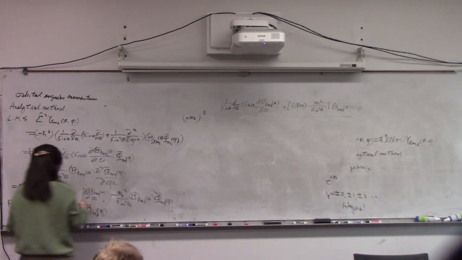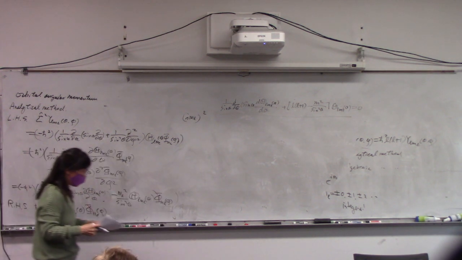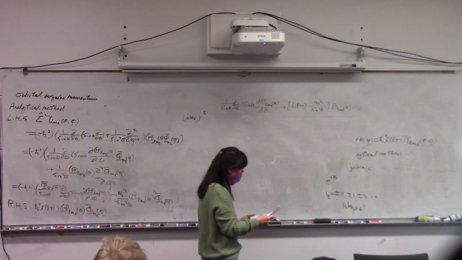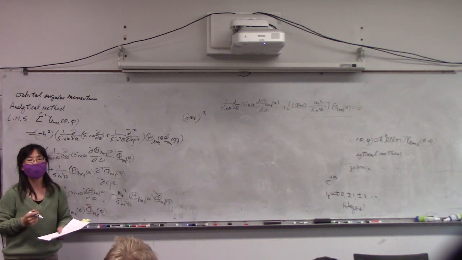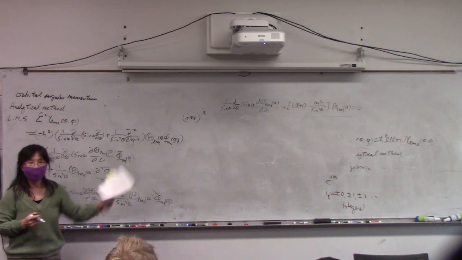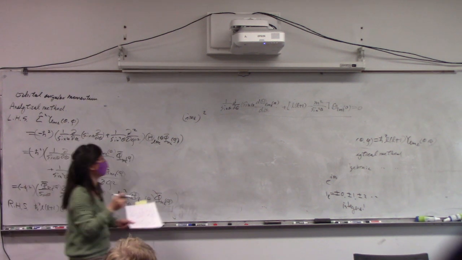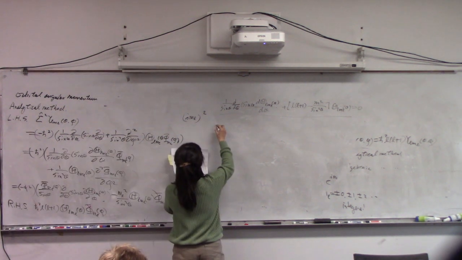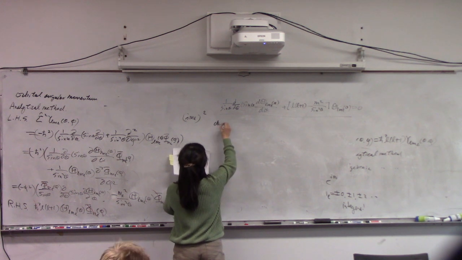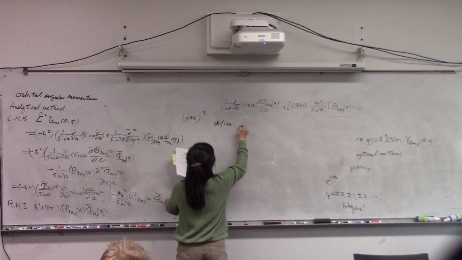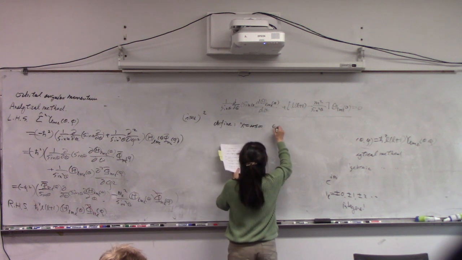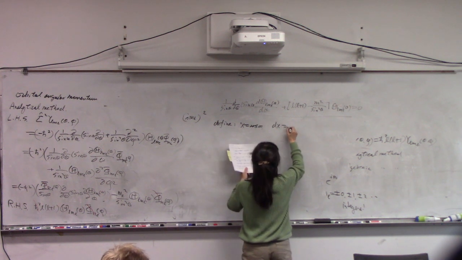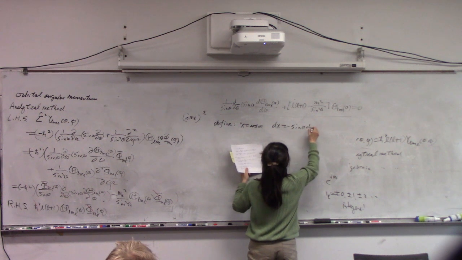Now to solve this one, if you already learned mathematical physics, you may know this associated Legendre differential equation. If you're familiar, let's define x as cosine theta, right? Then dx is minus sine theta d theta.